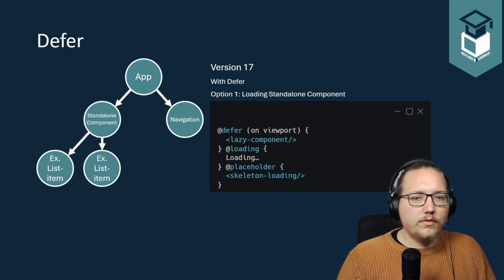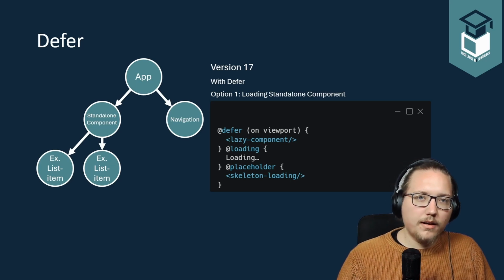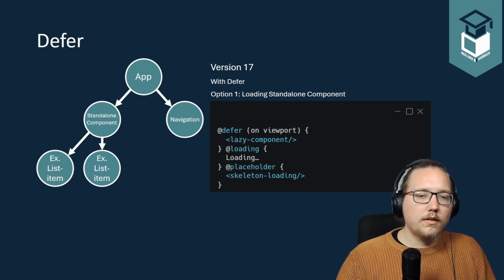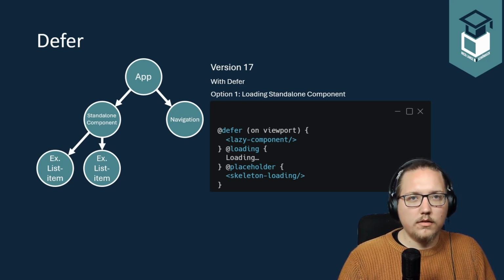You have this @defer. Then in the brackets, you can define a trigger for when this component should be rendered, or when the module or the standalone component gets lazy loaded into the browser of the user.